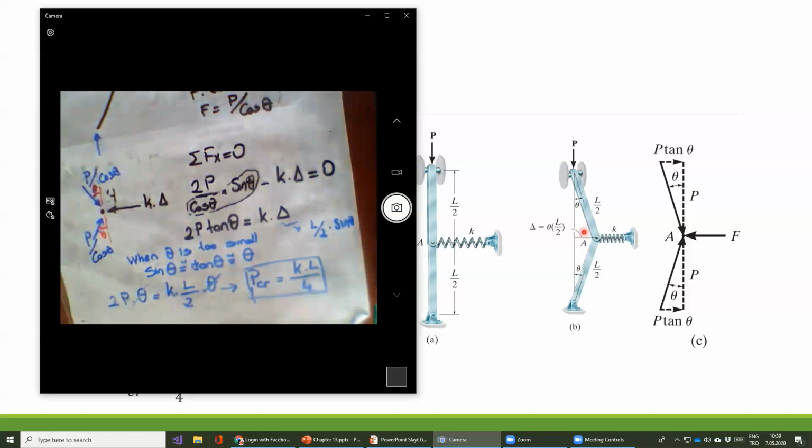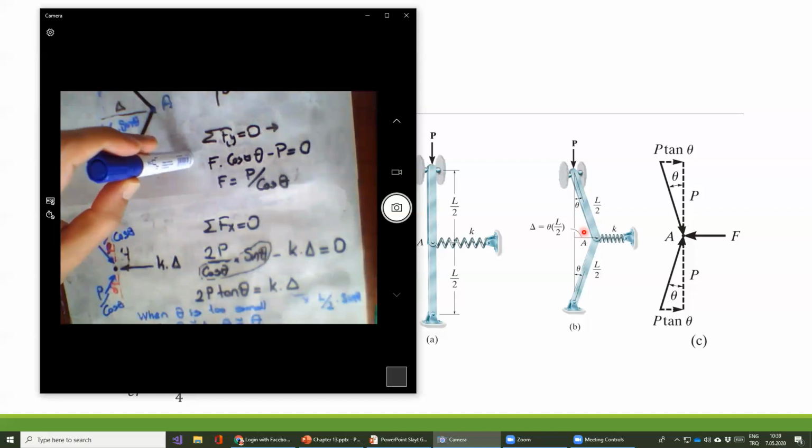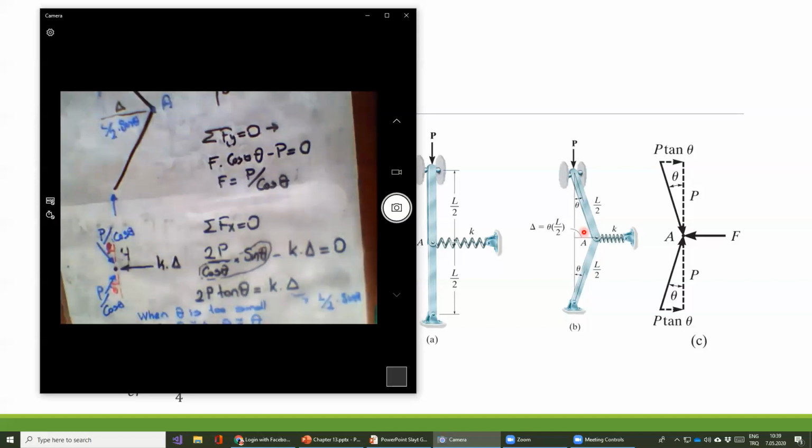Don't confuse the mathematical calculations, it's a very simple theory. We draw the free body diagram. Okay, we apply the equilibrium equations such as sigma Fy equal to 0, sigma Fx equal to 0. In some cases, maybe we can use sigma moment is equal to 0.